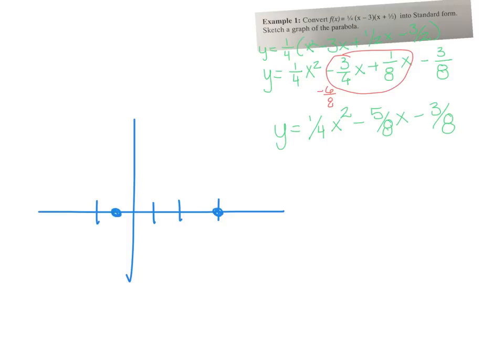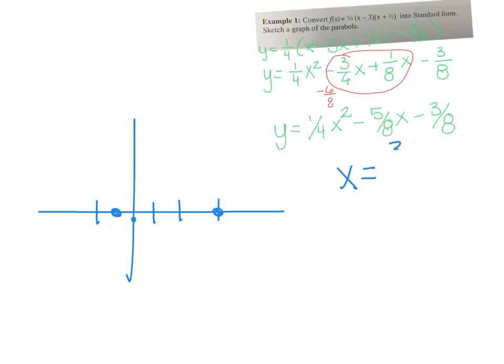And I know that this parabola opens up. I also know that halfway in between these two, I should have my vertex, so probably somewhere right in here. And the other thing I know is that my y-intercept is going to be -3/8, which is going to be right there. So we could find our vertex. x equals, let's do that really quick.